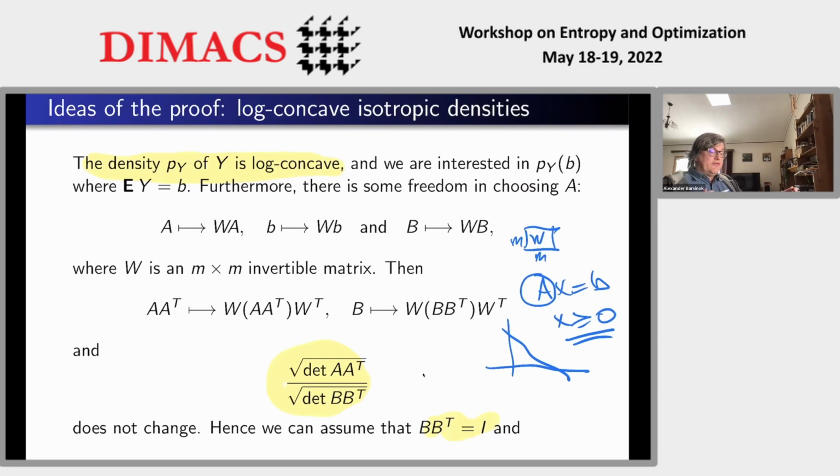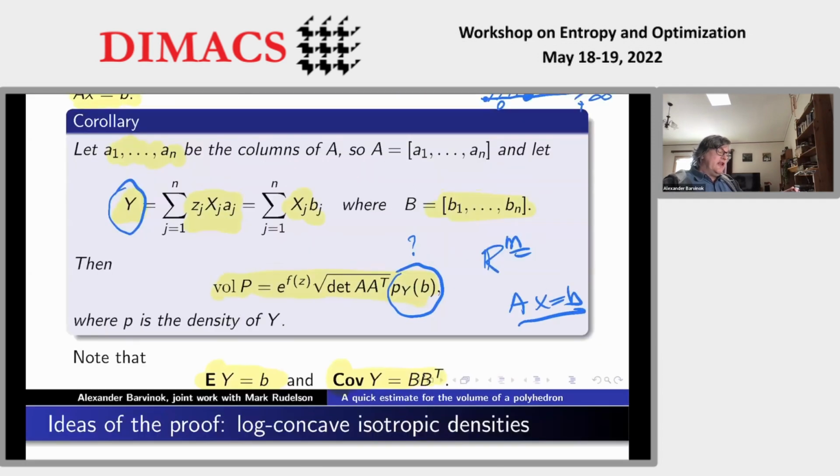So we might as well assume that in the very beginning, the equations that we had were such that B transposed B is the identity, so that the random variable Y here is isotropic, right?